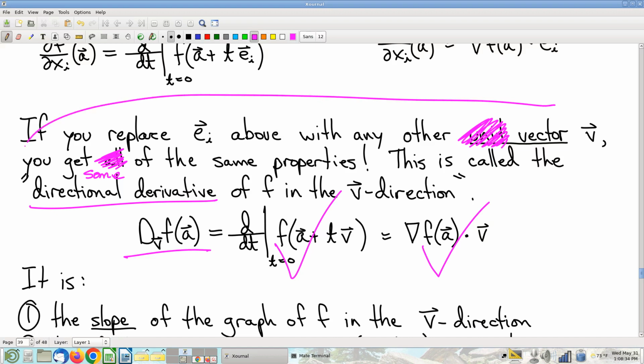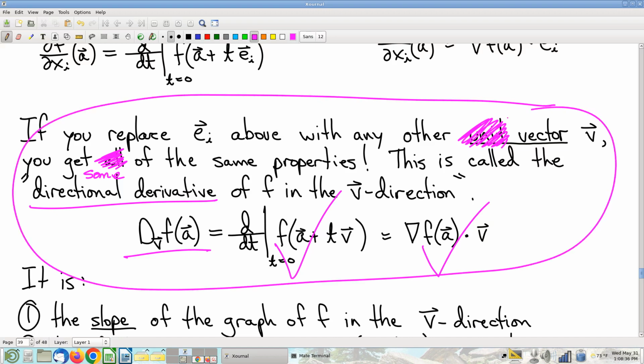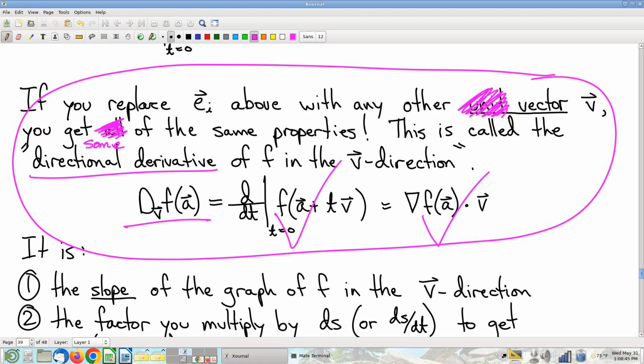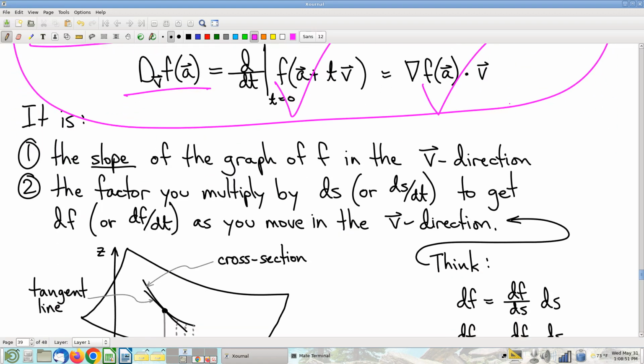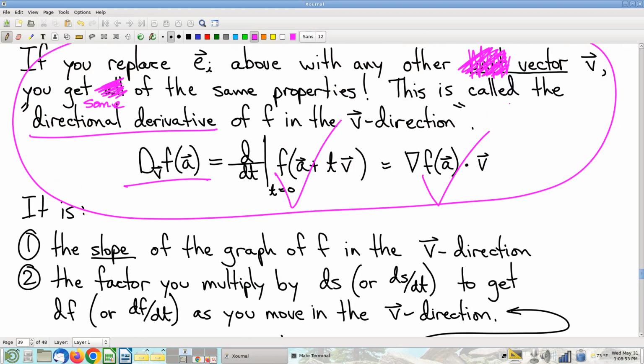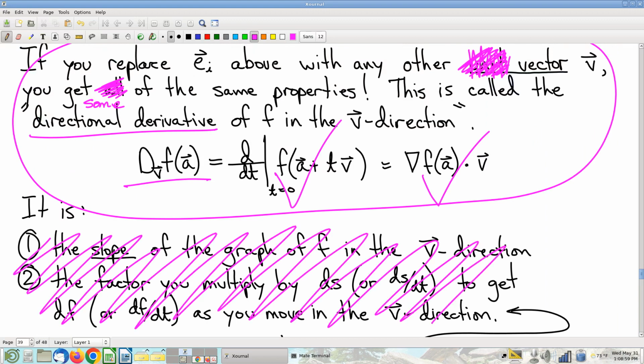And this is, in fact, a reasonable definition for directional derivative. There's nothing intrinsically wrong with this as a definition. Now, you do lose, and I went on at length about how important it is, it's got to be a unit vector if you want it to be totally analogous to partial derivative and get these properties. So when we remove the unit requirement, all this goes away.